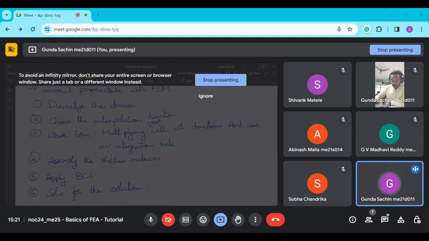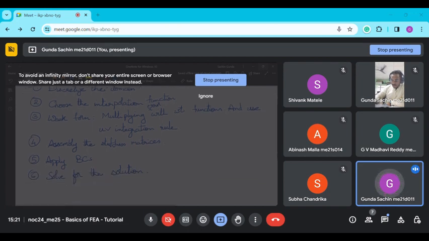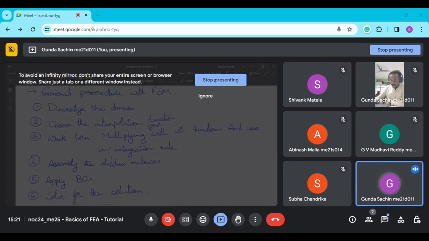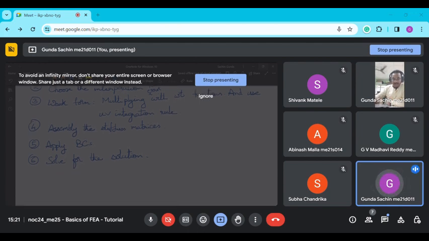And as with any numerical method, this also gives an approximate solution, and to find the error between the original solution and the approximate solution, you typically take the numerical solution and compare it with the analytical solution, and then find the error.